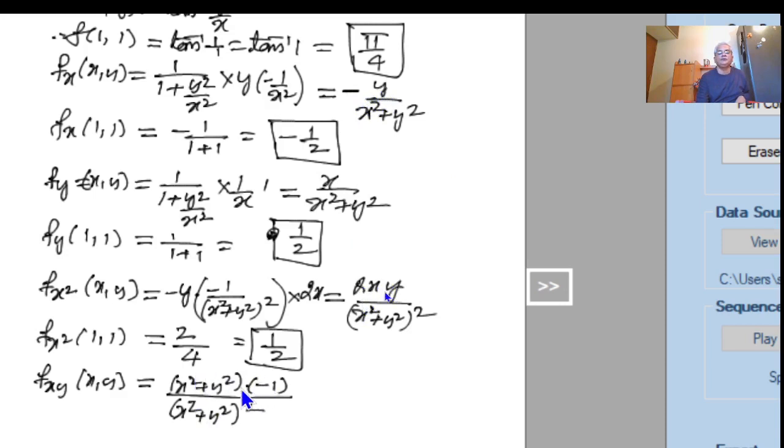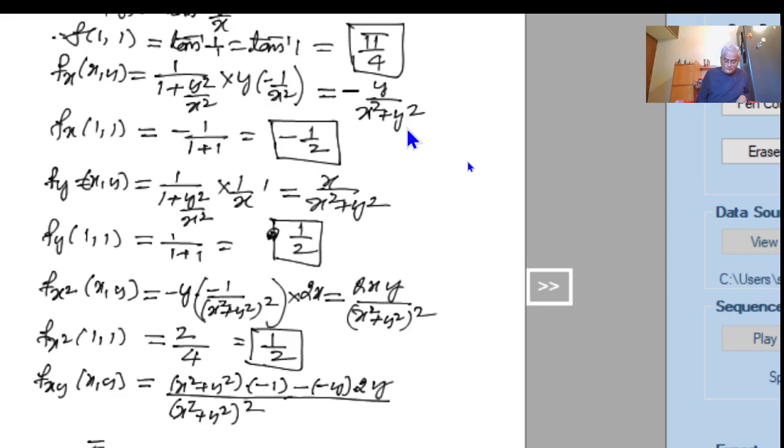Denominator into the derivative of the numerator, that is the derivative of minus y with respect to y. Next, minus numerator, which is minus y, into the derivative of the denominator with respect to y. The derivative of x square is 0, and the derivative of y square is 2y.